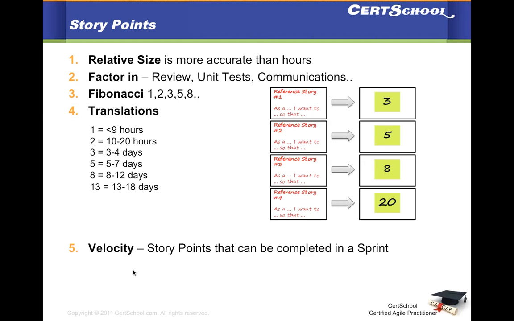Like the team that I'm working with right now, there are about 7 to 9 people in it, and I know my velocity is 35 story points. I have looked at the trend of the past 6 or 7 iterations, and for the next iteration I can confidently go and tell my product owner that our team's velocity is 35.